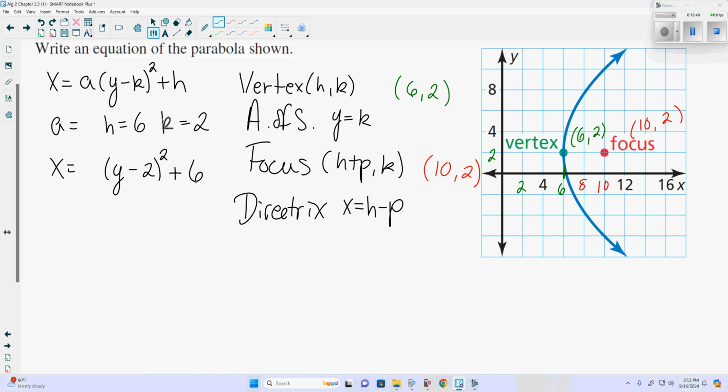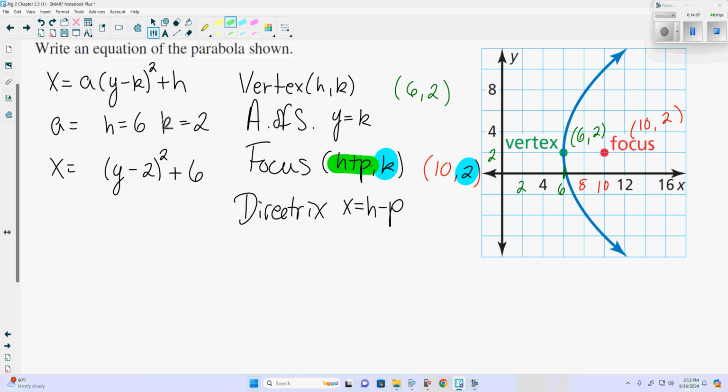We have that. So now all I'm missing is a. A is 1 over 4p. So I need the value of p. Well, let's look at the other piece of information they gave us. Focus is h plus p comma k. Well, k is 2. We already knew that from the vertex, yes?